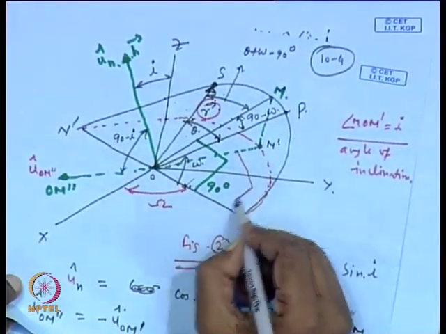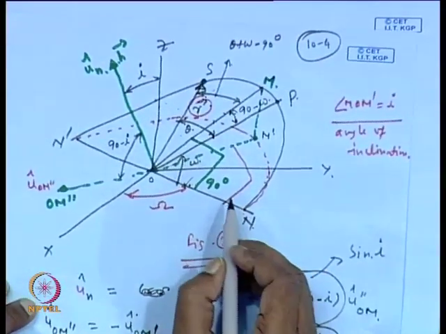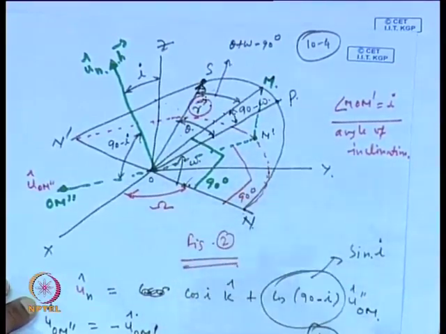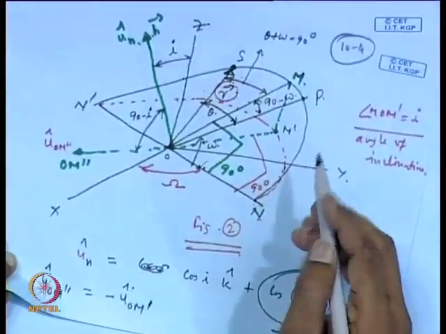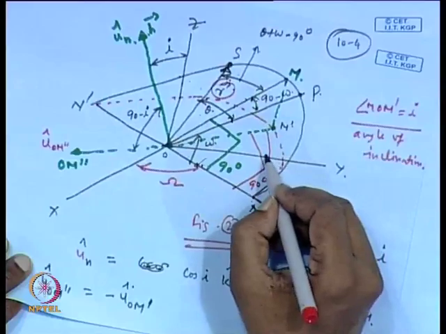The angle from here to here is 90 degree, which is lying in the xy plane. So, this angle from here to here is also known. Okay.